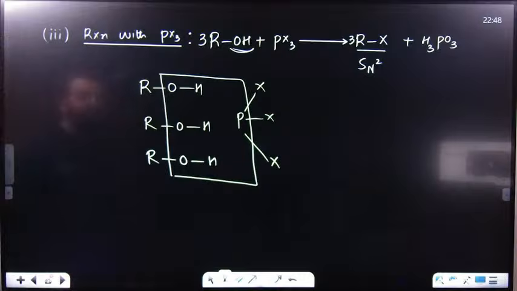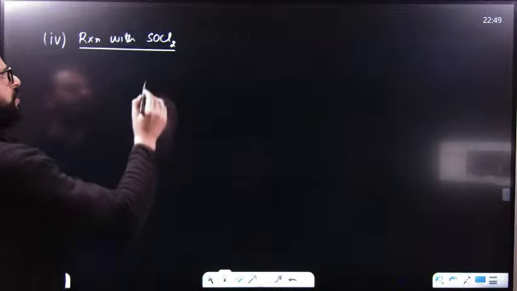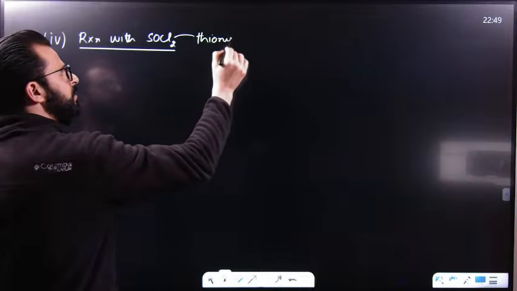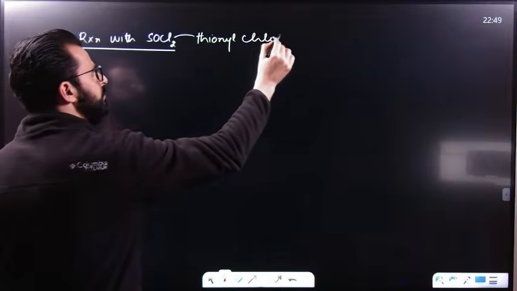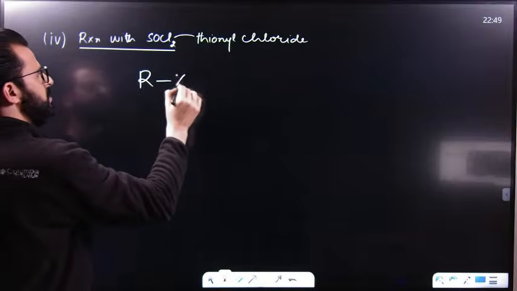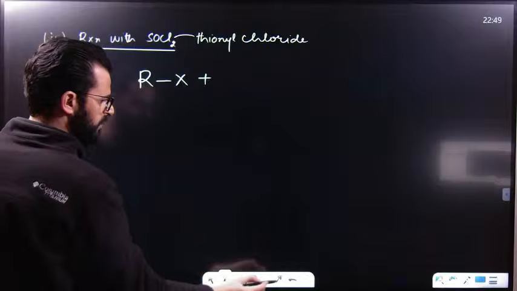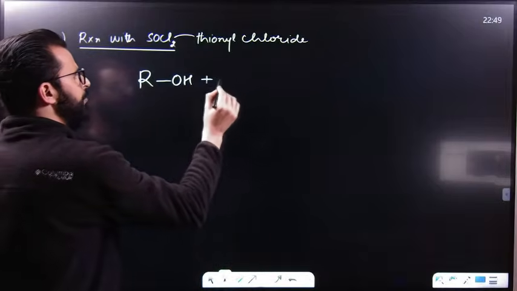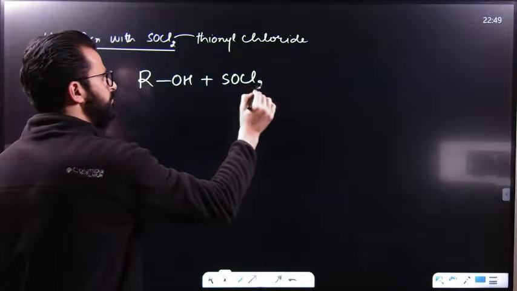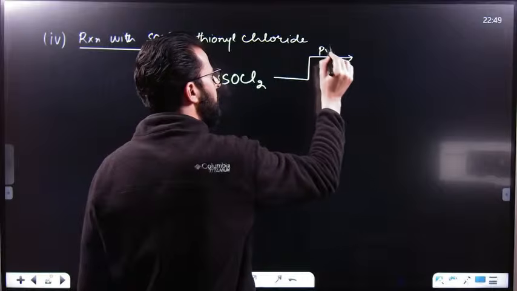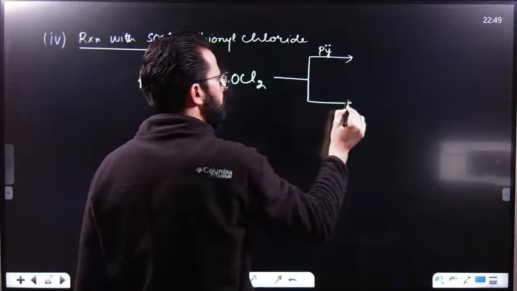After that, you have reaction with SOCl2. SOCl2 is known as thionyl chloride. Now what will happen here? If you have ROH, alcohol, and you treat it with thionyl chloride, it will take place either in presence of pyridine as base or in absence of pyridine.